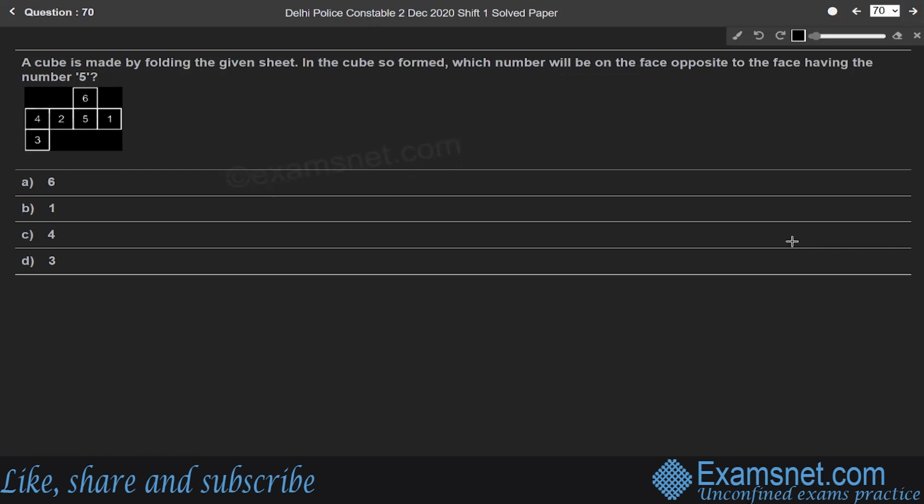Question 70. A cube is made by folding the given sheet. In the cube so formed, which number will be on the face opposite to the face having the number 5? Yes. So if we consider number 5 as the hind face of the given cube, let me draw a cube, for your better understanding.